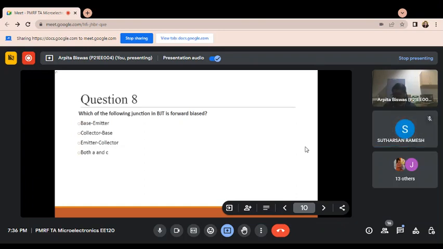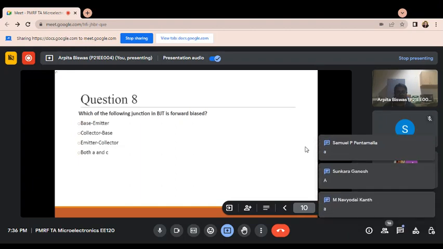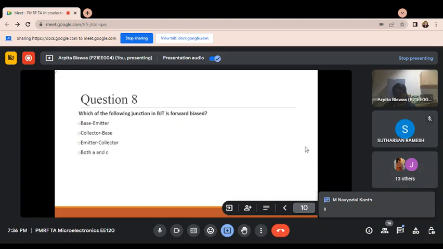So Sankara Ganesh, what is the right answer? Option A. Okay. Jayashree, what is the right answer?